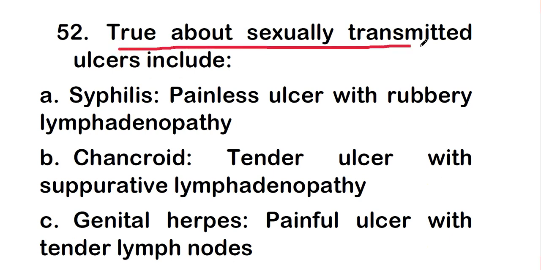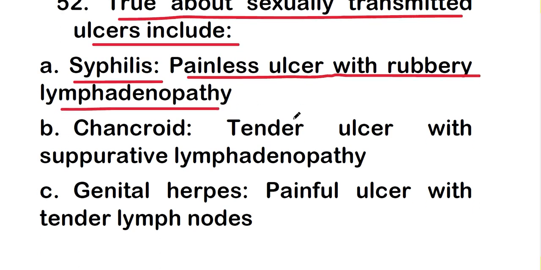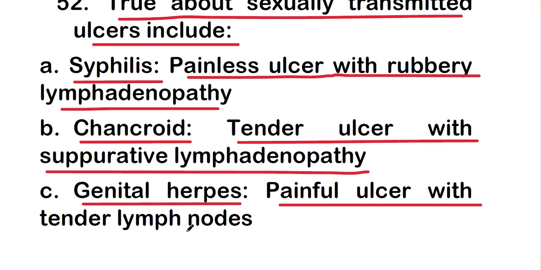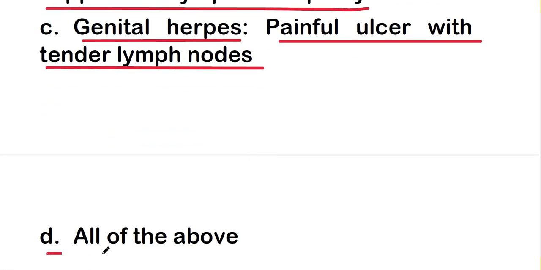True about sexually transmitted ulcers include syphilis, where painless ulcer with rubbery lymphadenopathy, or chancroid, that is tender ulcer with suppurative lymphadenopathy, or genital herpes, that is painful ulcer with tender lymph nodes, and the last option is all of the above.